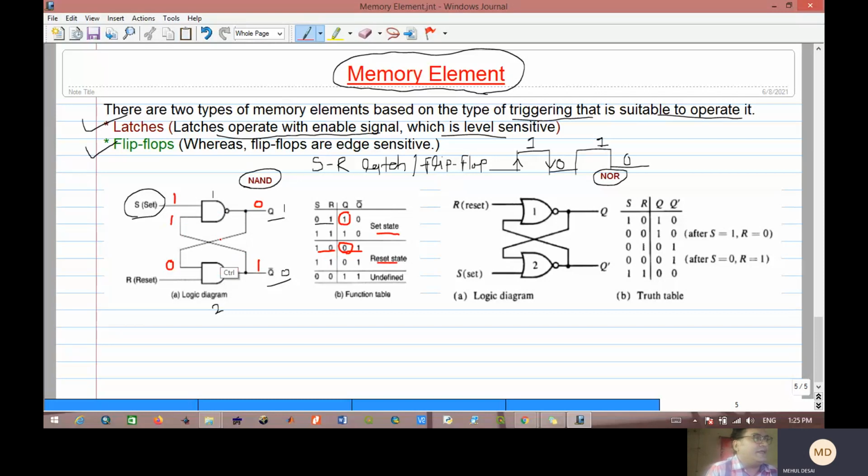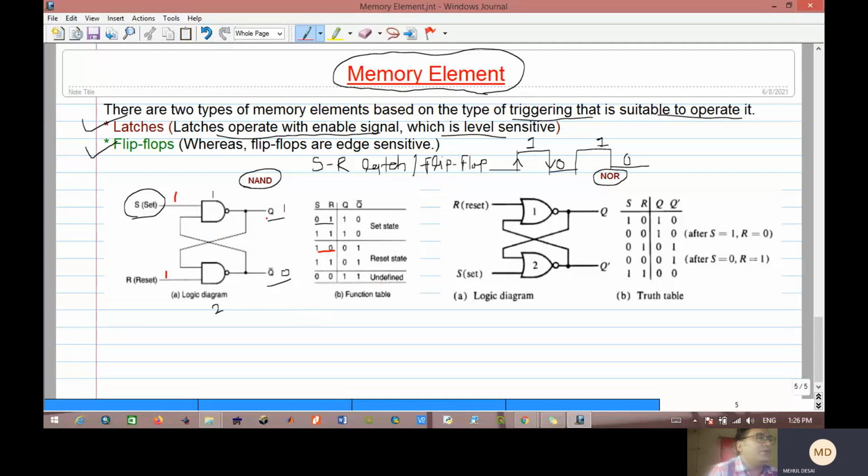Now if both inputs are 0, 0, we know that if an input is 0, the NAND gate gives 1, so the outputs are 1, 1. This state 1, 1 is not defined, which means it is not used in a flip-flop. The third condition is if the input is 1, 1.